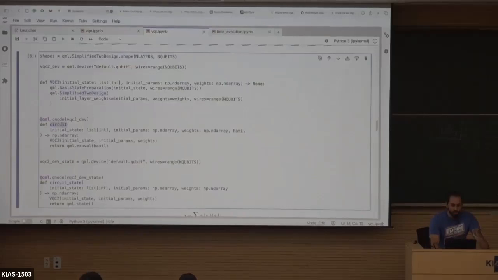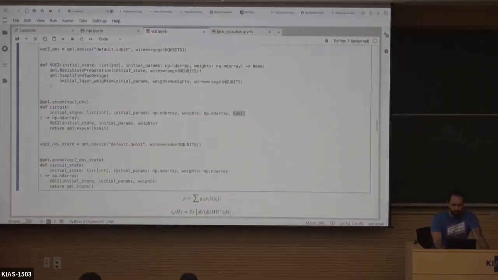So for the circuit, what I'm doing is embedding this VQC2 as a function and just calculating the expectation value of the Hamiltonian. Okay. And I can give any Hamiltonian I want, so you can play with it, change some variables, and see how it changes with different couplings, different temperature, etc. The initial state is basically coming from the first circuit, depending on the probability.